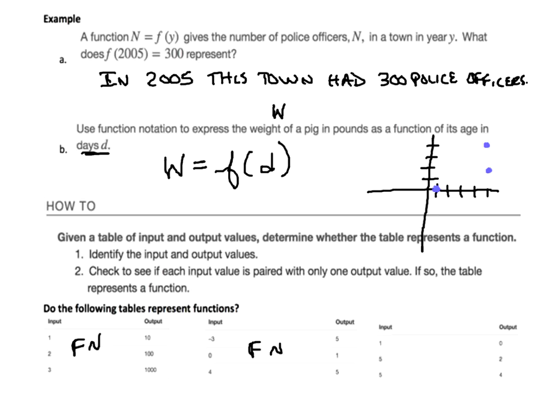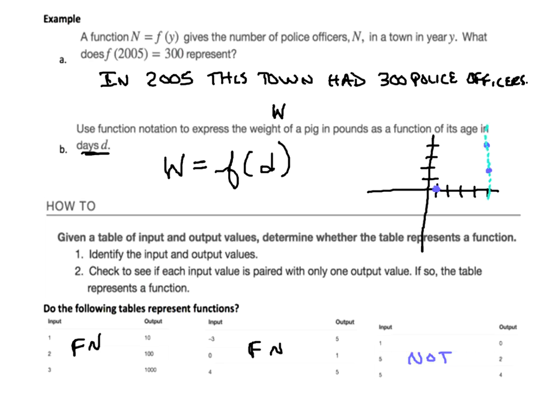So whenever you have a relation that is not a function, what's going to happen because you've sent an input to more than one output, you're going to have points that start stacking on top of each other.